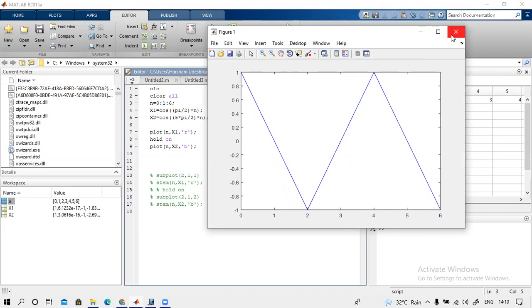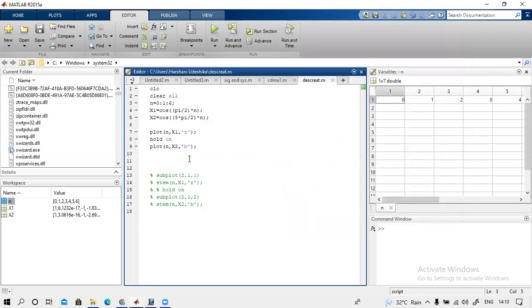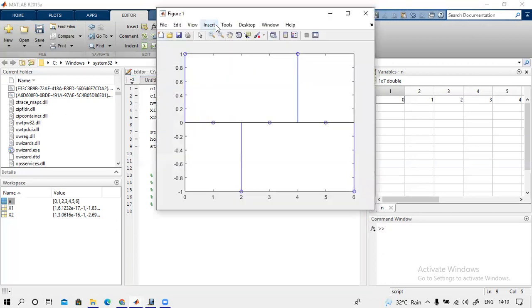So if I plot it as a discrete signal, you have some values.